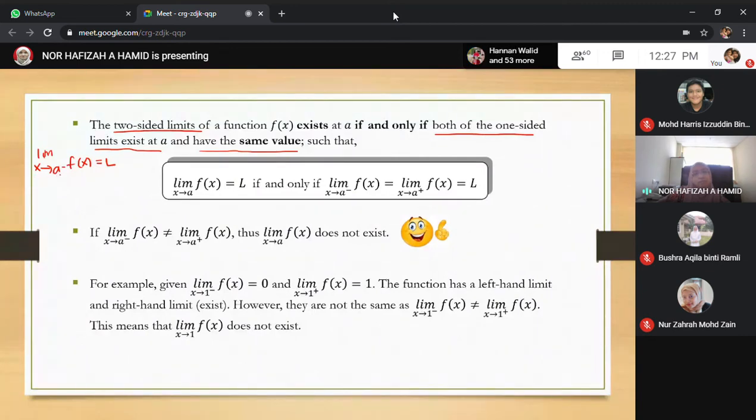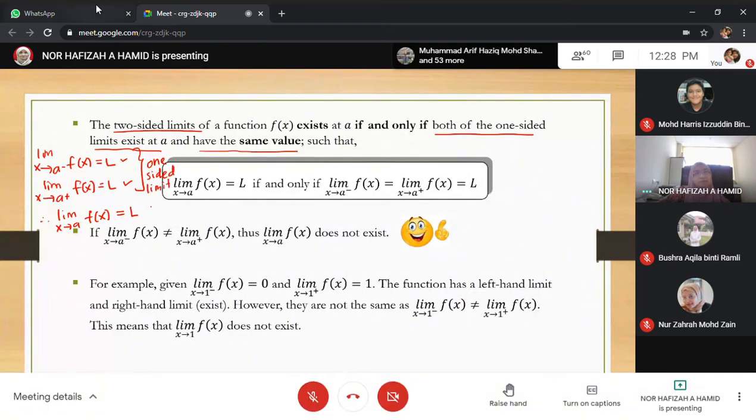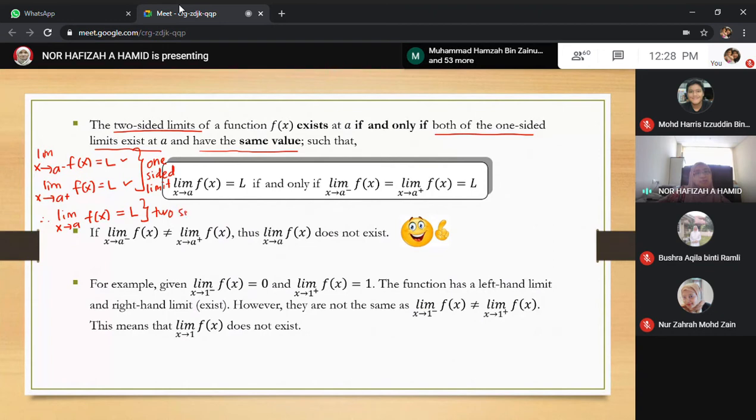So when x approaches a from the left, the value we have is L. And from the right, for example x approaches a plus, f(x) is equal to L. So from the right it is also equal to L. So your two-sided limit, limit x approaches a of f(x), is also equal to L. Those two are for the one-sided limit, and the last one refers to the two-sided limit. You can see here, the two-sided limit's value depends on the one-sided limits. If both one-sided limits have equal values, for example L here, then automatically the two-sided limit will follow, and its value will also equal L.